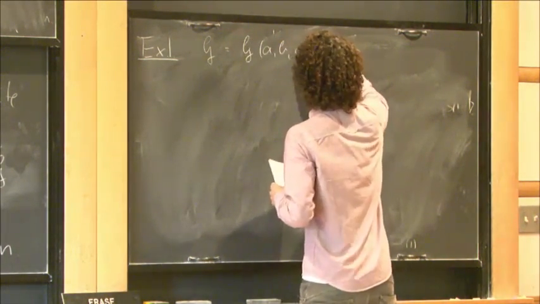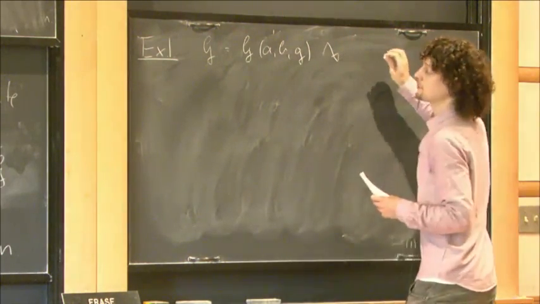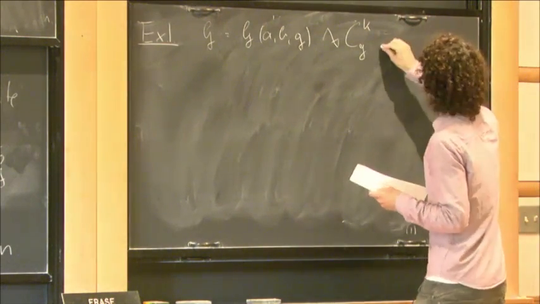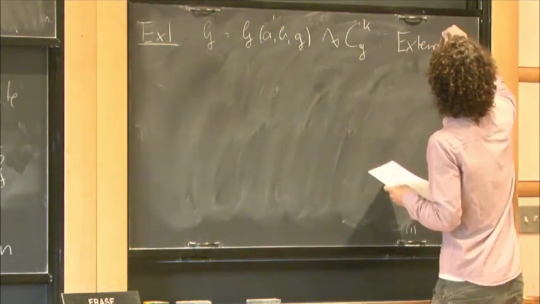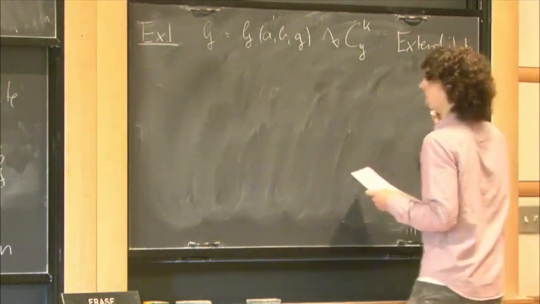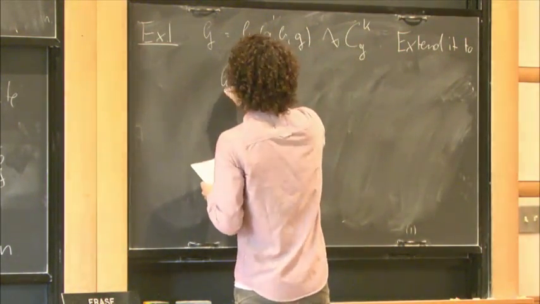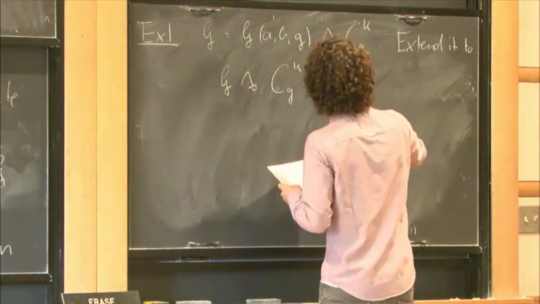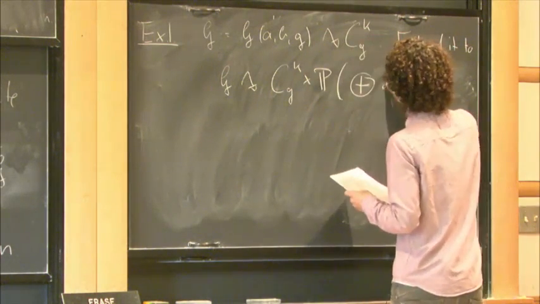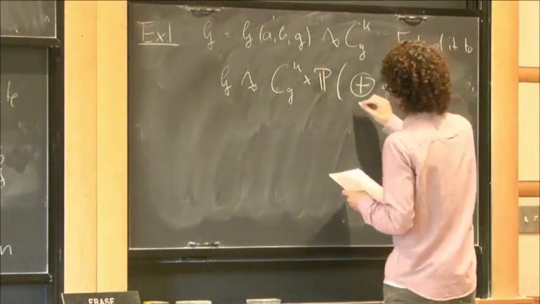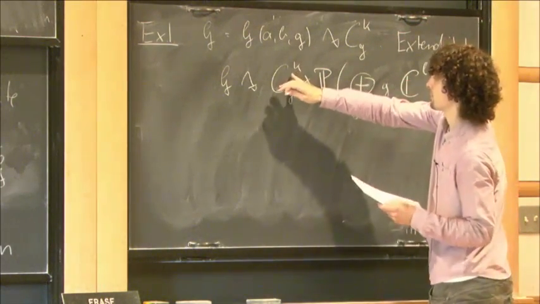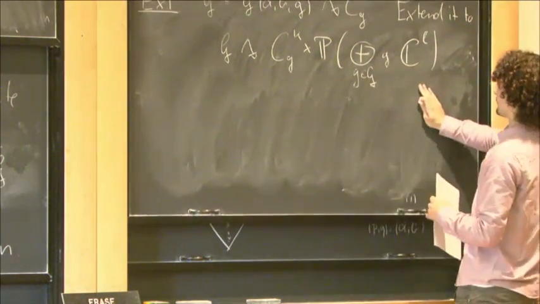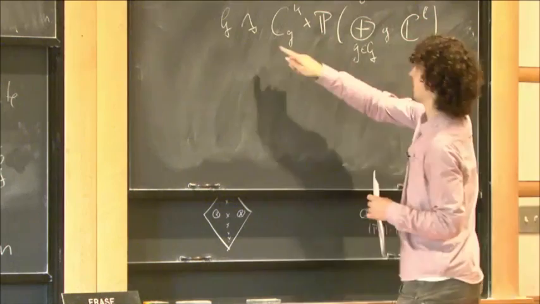We look at the group from step 2, which acts on this product, and then we extend it to the product of this product of curves with a projective space, namely the projectivization of this vector space, where G is just a symbol, and G acts here by permuting.